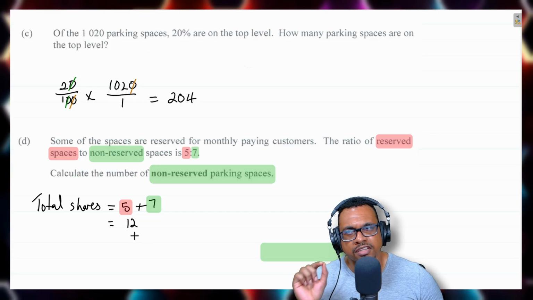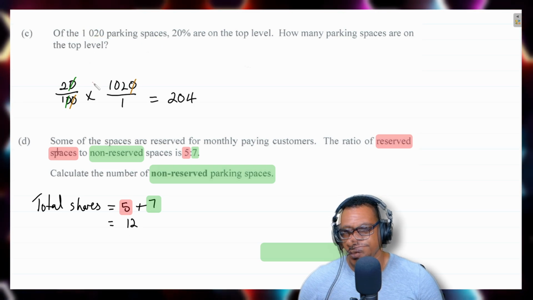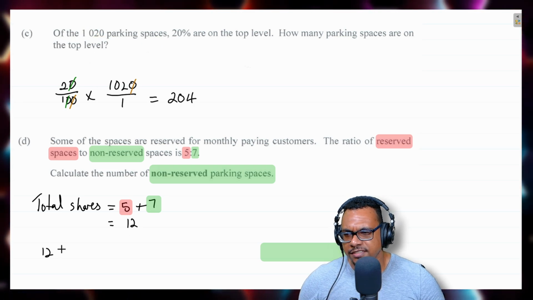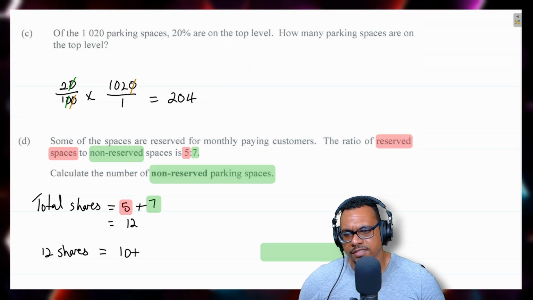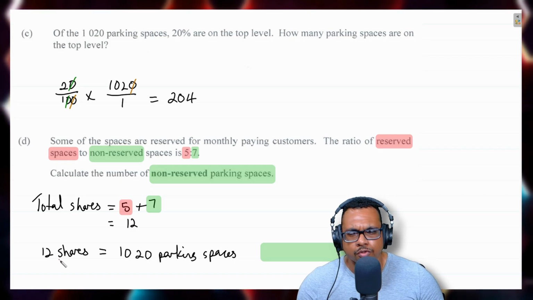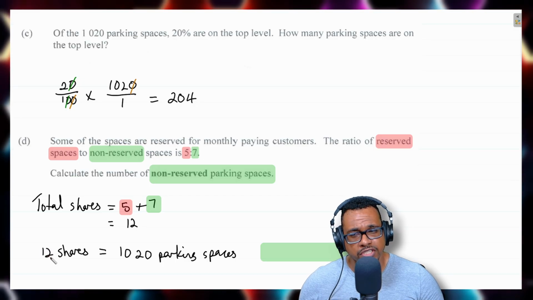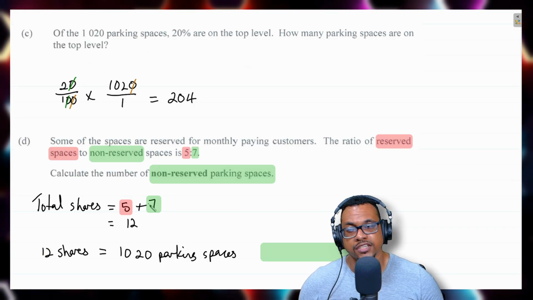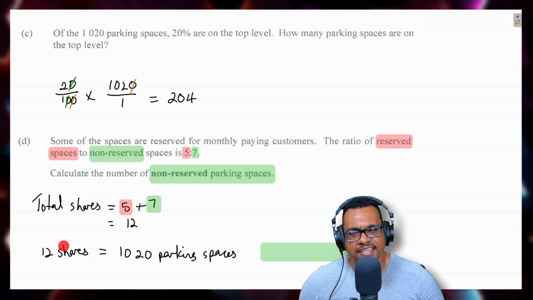And remember, the total number of parking spaces was 1,020, which means my 12 shares is equal to 1,020 parking spaces. So what we want to do is find out how much is 1 share. And once we get what is 1 share, we could find out what is the 5 shares or the 7 shares, anything we want. So to get 1 share, I'll have to divide this side by 12.